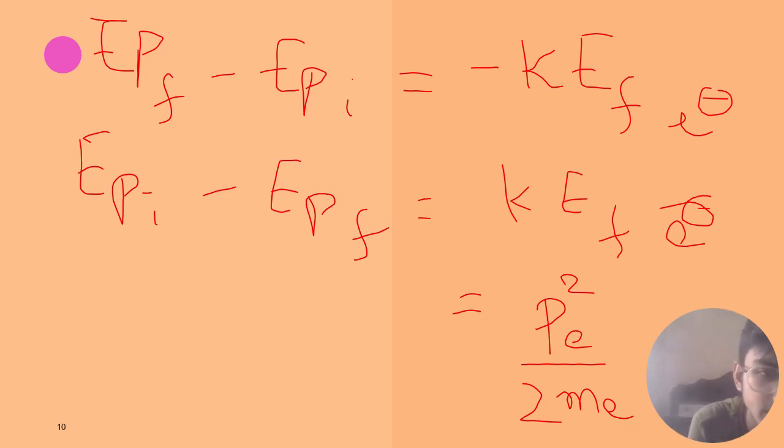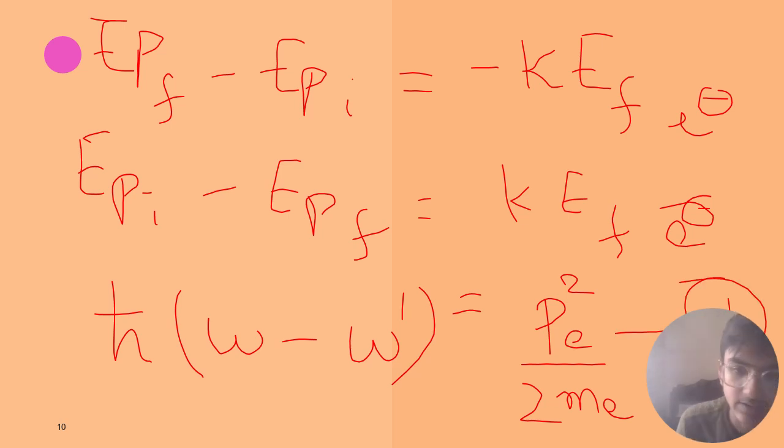Fine, and here you will write h cut into (W minus W dash). I hope it's fine. This is our first equation which we'll be using after some time: h cut into (W minus W dash) is equal to p squared by 2m_e. Note this equation. We will move to the next segment.